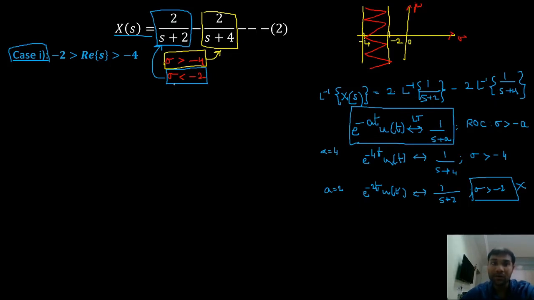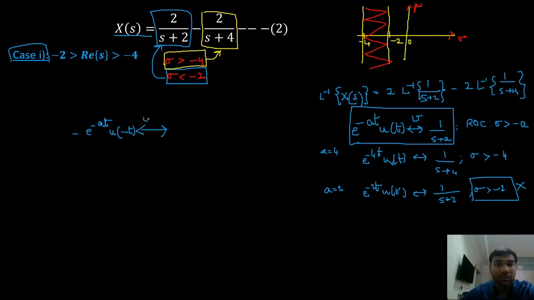I need to have my ROC less than a certain number. So what is the corresponding Laplace transform pair with ROC less than a certain number? That is going to be negative e^(-at) u(-t).